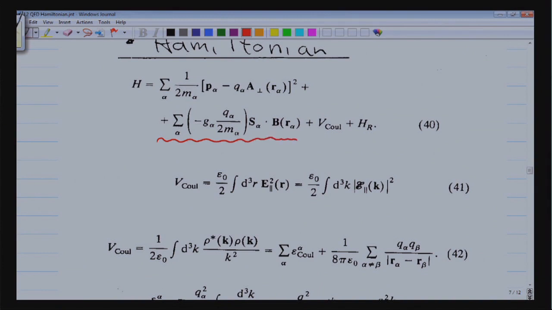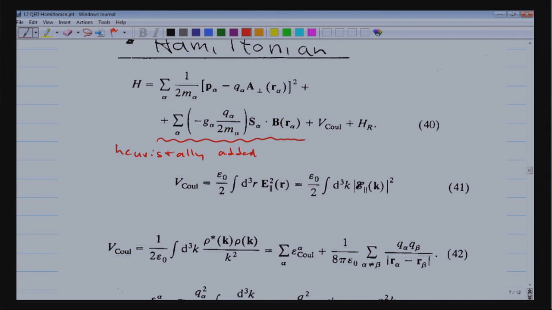At this point, I'm just heuristically adding it by hand. Classically we don't have spin, but our particles have spin, and now we need coupling. How does the spin couple to the rest of the world?